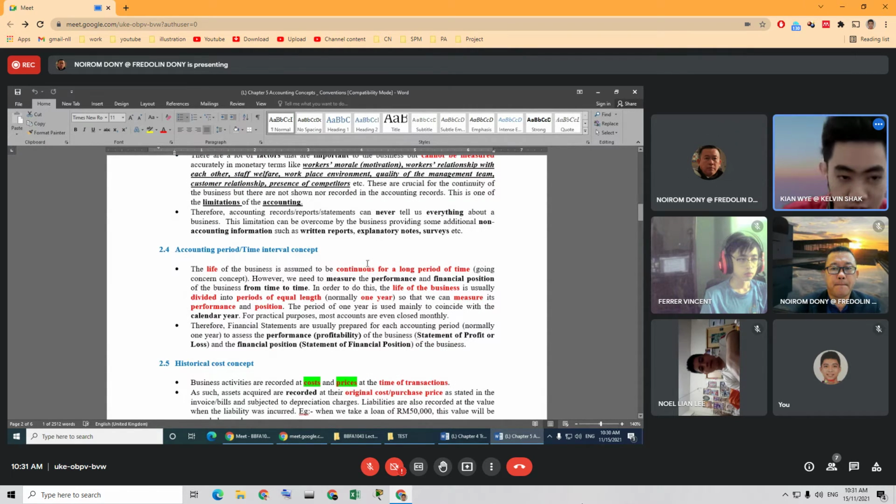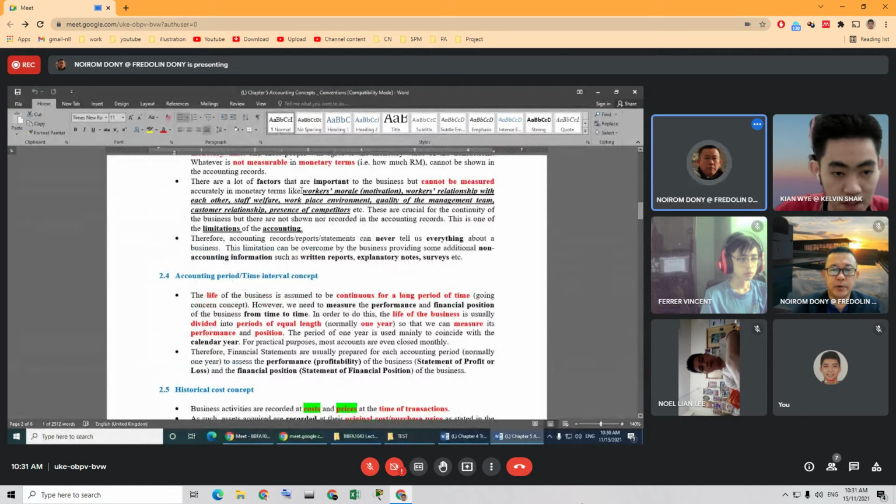Examples of things not measurable: workers' morale, workers' relationship, workplace environment, quality of the management team. All these are not measurable in terms of money, so we don't record them in the financial statement.